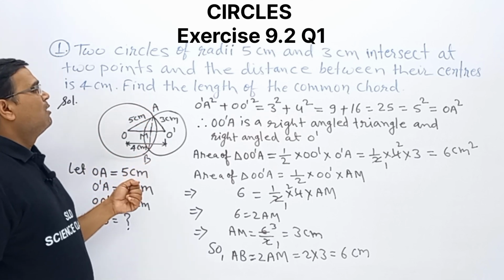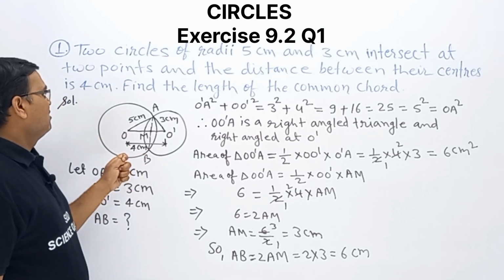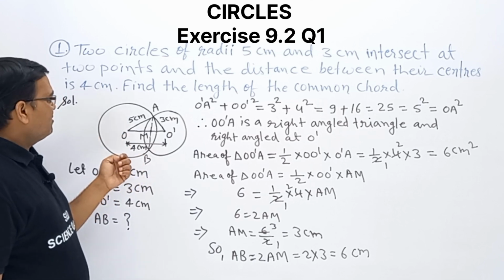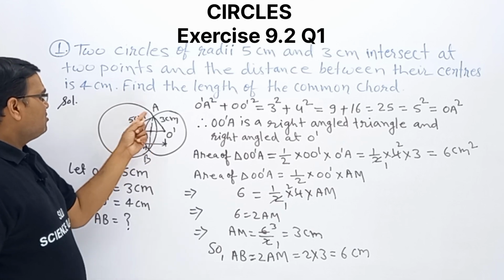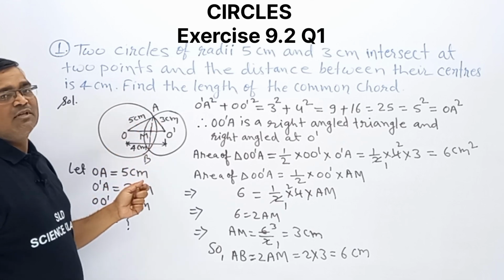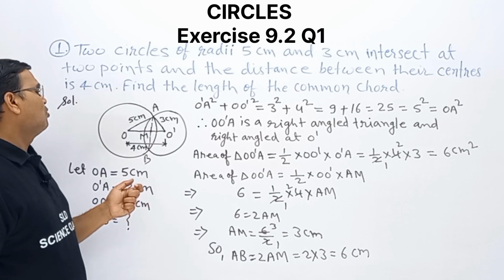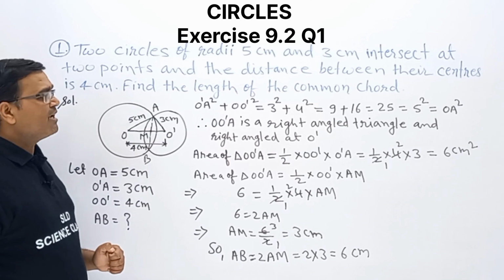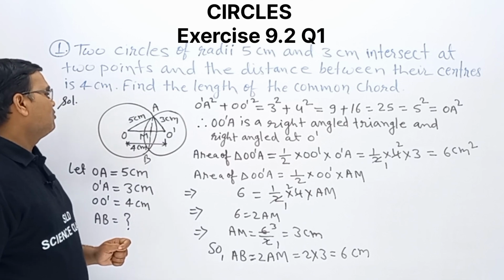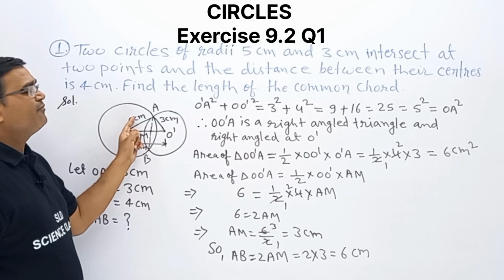From the given data we observe that the sides of the triangle satisfy the Pythagoras theorem relation: 3 square plus 4 square gives 5 square.